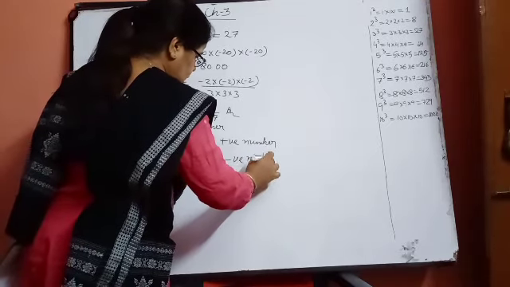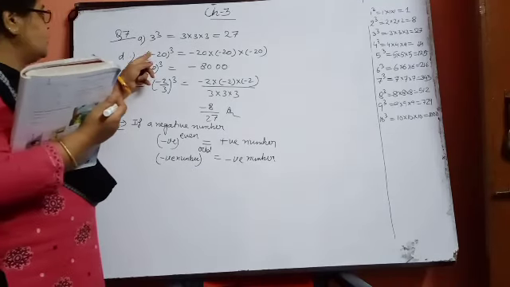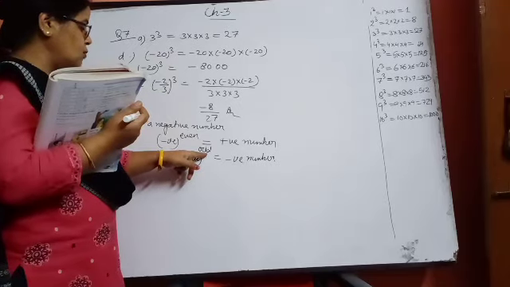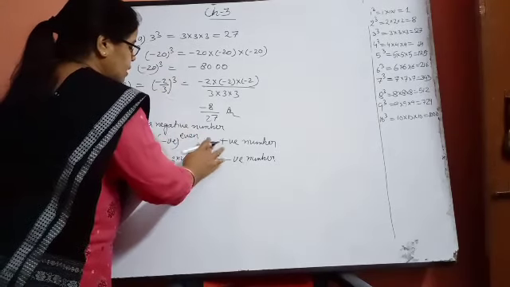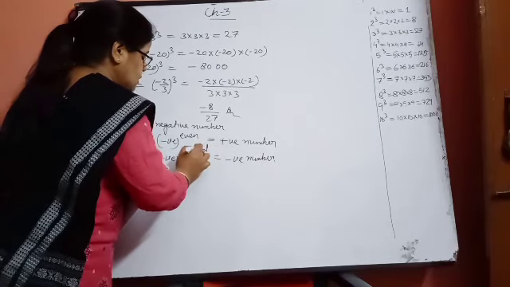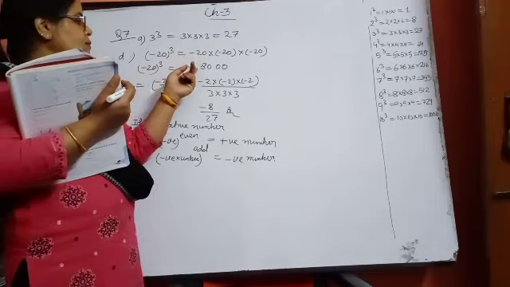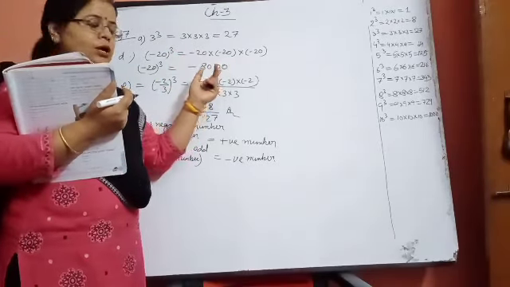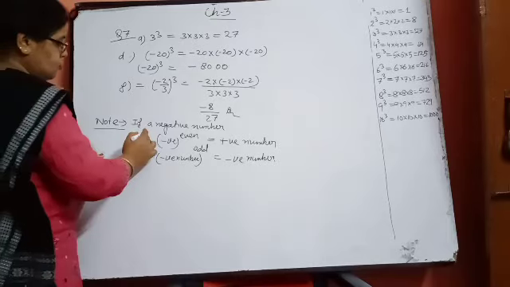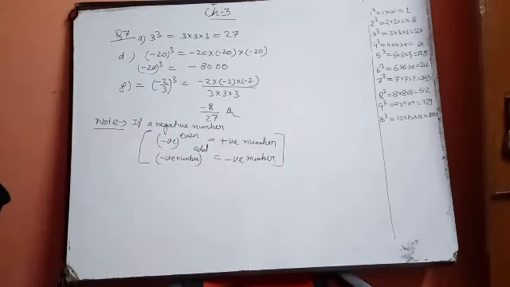So you can see that in the case of a cube, the power 3 is an odd power. So for an odd power, the answer should be a negative number. So whatever answer comes, it will be negative. This is the main important thing for you. Note it down in your introduction part, then only you can understand.